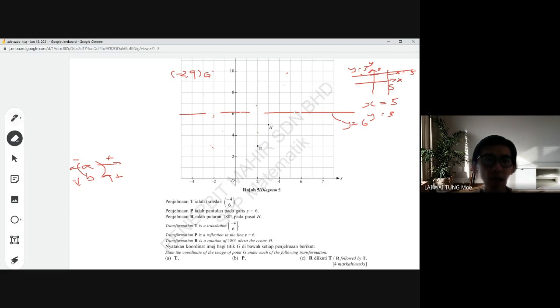So let's start with this rotation about H for 180 degrees. What is the first step? The first step is always to draw a straight line from the object to the center of rotation, using your ruler.